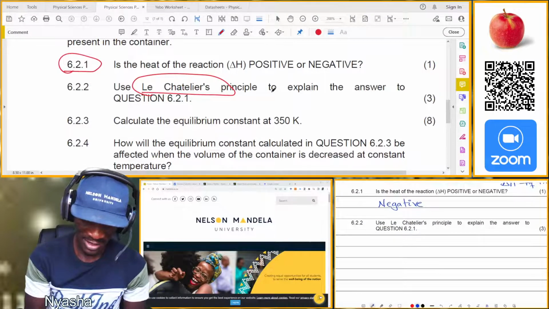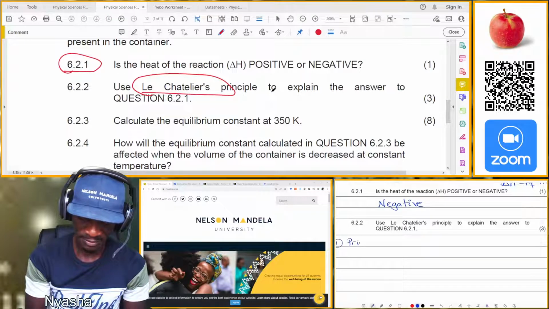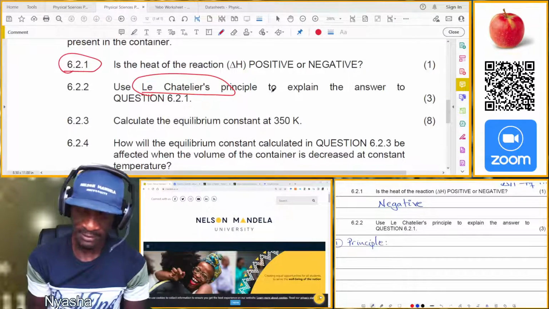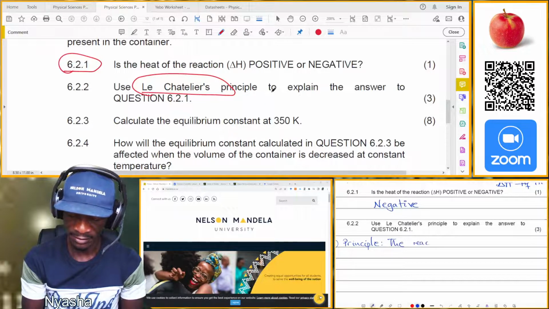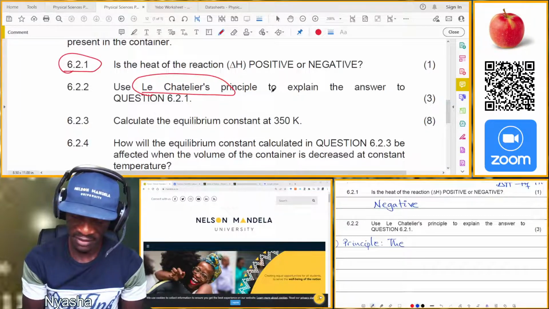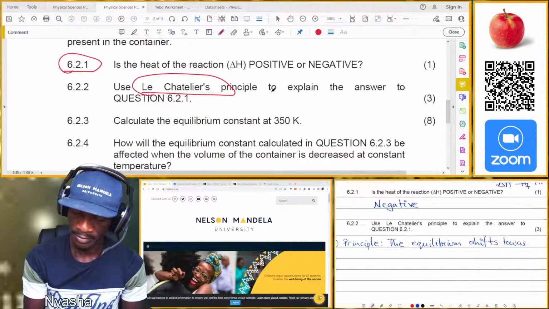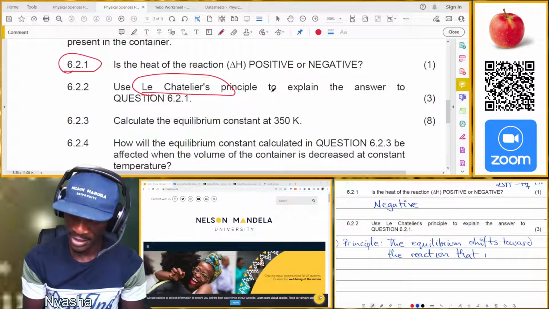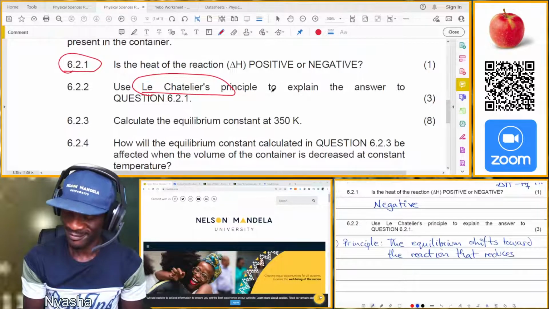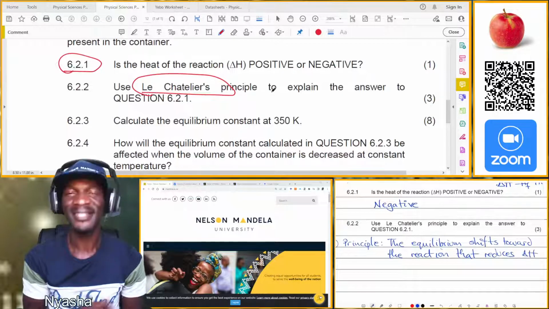Obviously the first thing is that according to the principle, the equilibrium shifts towards the reaction that reduces the heat, right?